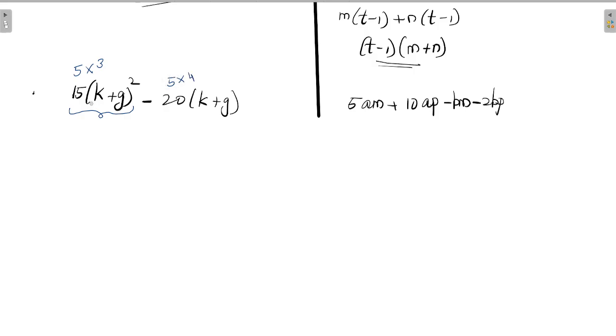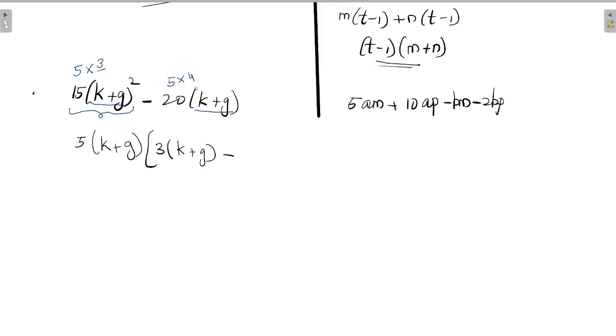At the same time, in the first term there is k plus g, and in the second term there is also k plus g. Now we are going to factorize: 5 is the common factor of both terms, and k plus g is the common factor of both terms. What else is there? There is 3, so 3 times k plus g. One more k plus g is there in the first term.